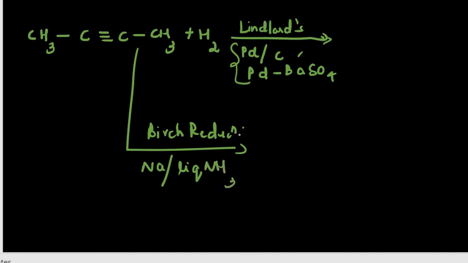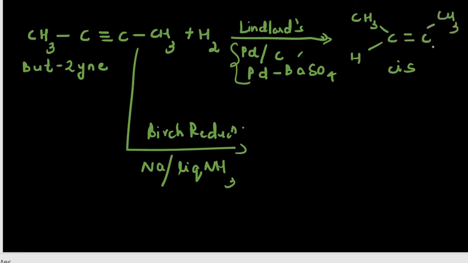That means it will be giving what product? It will be giving trans product. So here what is the name of our compound? It is our but-2-yne, an alkyne. So we will be getting cis alkene when we are using Lindlar's catalyst. So what will be our product? It will be CH3 C double bond CH3, and the name of the compound is what?